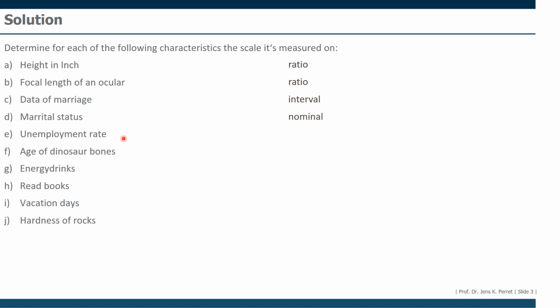Then I have the unemployment rate. Similarly to before, to the argument in A and B, I can say I have an unemployment rate of 0. An unemployment rate of minus something doesn't really make sense, so I have an absolute 0. This usually is already the indicator that I have a ratio scaled variable. But let's work through the other parts as well.